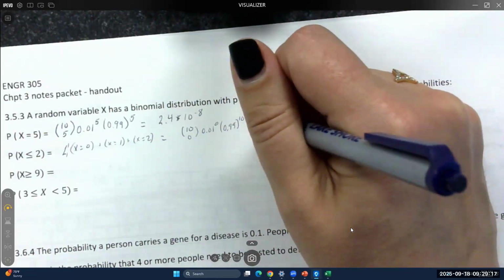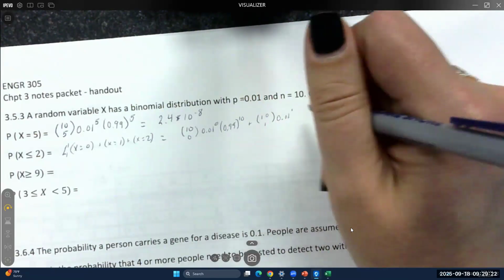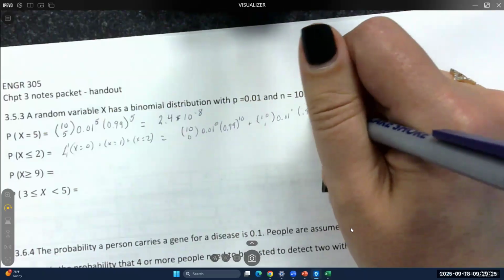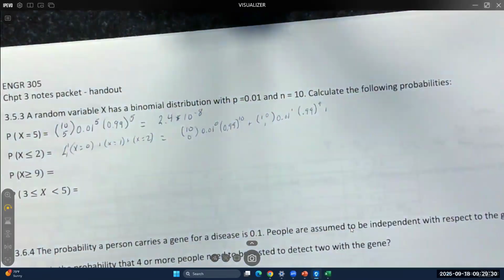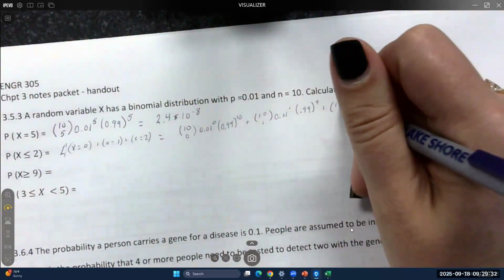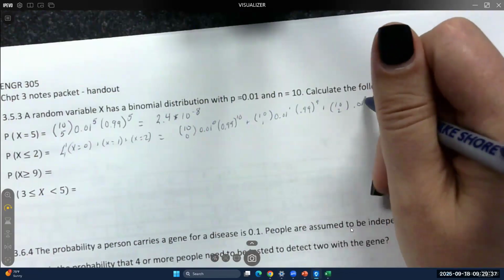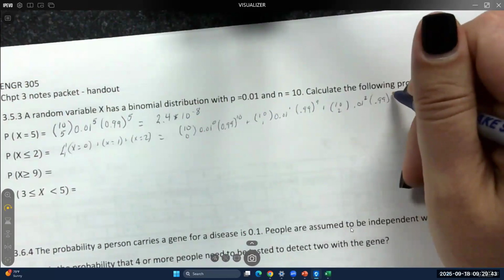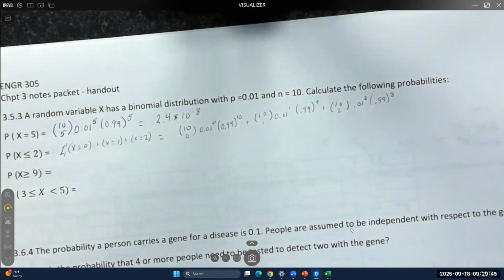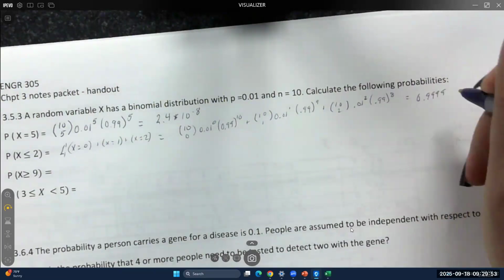I'm going to add that to 10 choose 1, 0.01 to the first, times 0.99 to the 10 minus 1, which is 9, plus 10 choose 2, 0.01 to the second, times 0.99 to the n minus x, which is 8. So all of this comes out to be 0.9999.